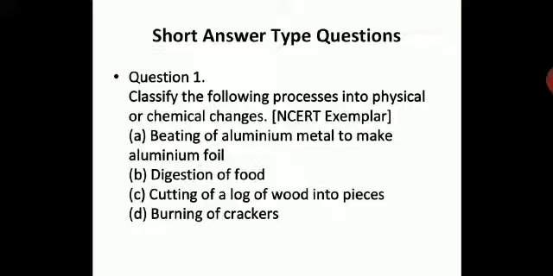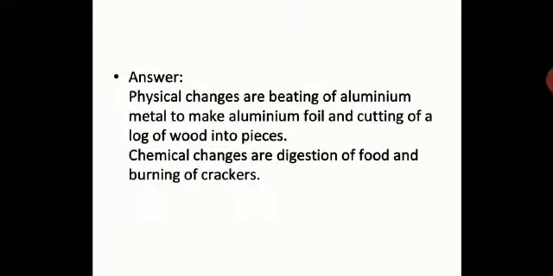It's very good for packing food. When you are making aluminum foil from aluminum, are you changing any chemical composition? Can you think about it? So what kind of change do you think over here? The change will be physical change, because beating of aluminum metal to make aluminum foil will only be a physical change.